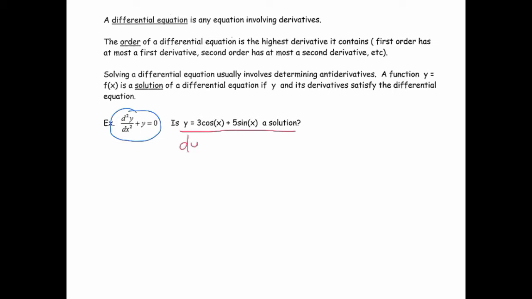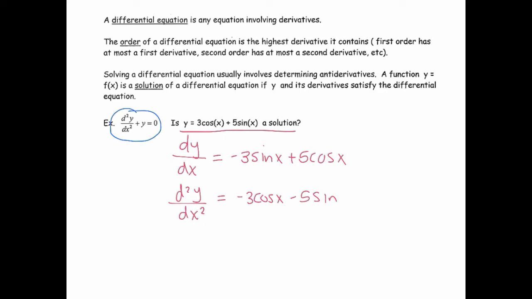So first we have to find the first derivative, and that's negative 3 sine of x plus 5 cosine of x. And so therefore the second derivative is going to be negative 3 cosine of x minus 5 sine of x. So now let's plug these in.